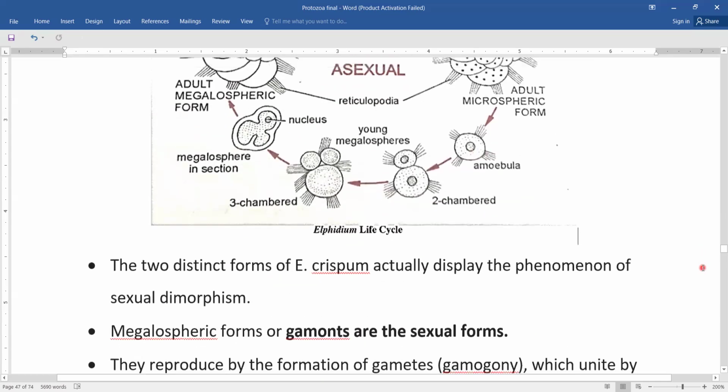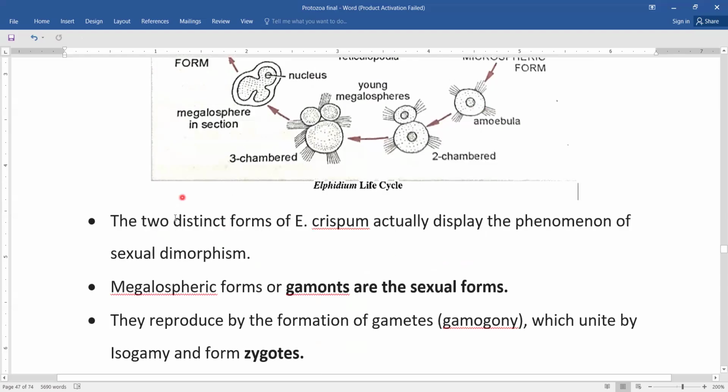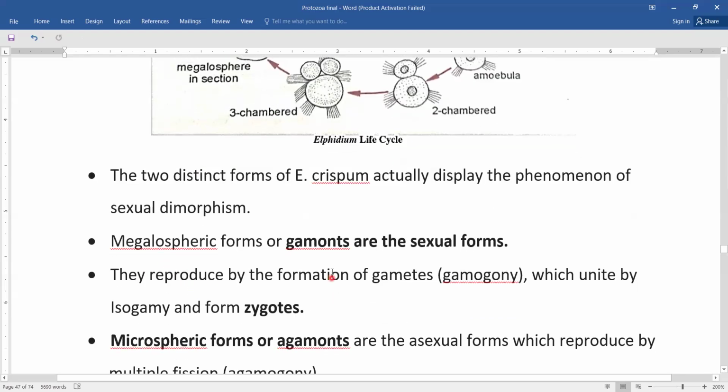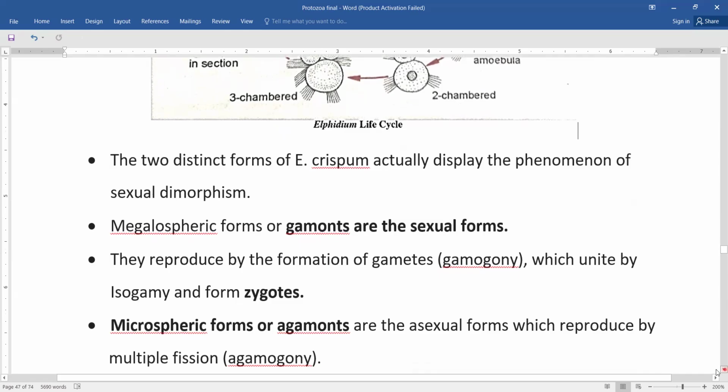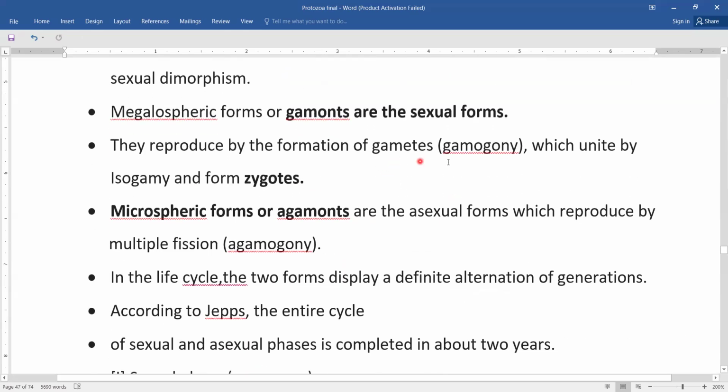Now let's see the points. The two distinct forms of Elphidium crispum display the phenomenon of sexual dimorphism. Megalospheric forms are gamonts, because they undergo sexual reproduction. They reproduce by the formation of gametes, called gamogony, which are united by isogamy to produce zygotes.